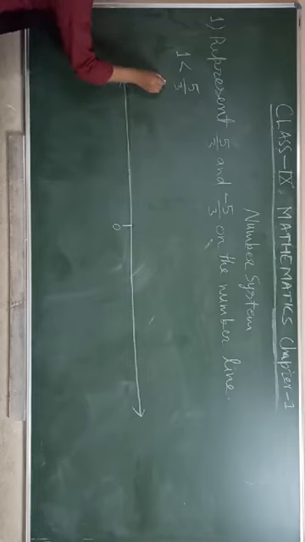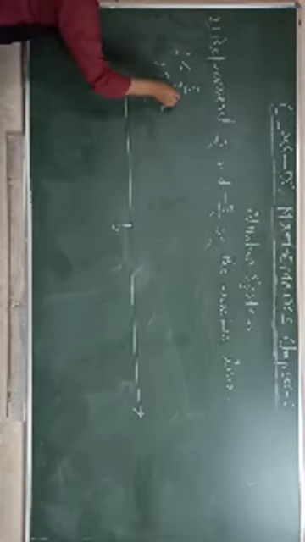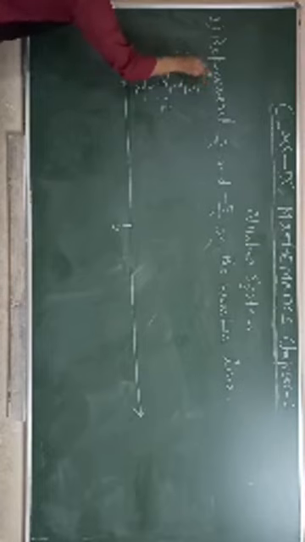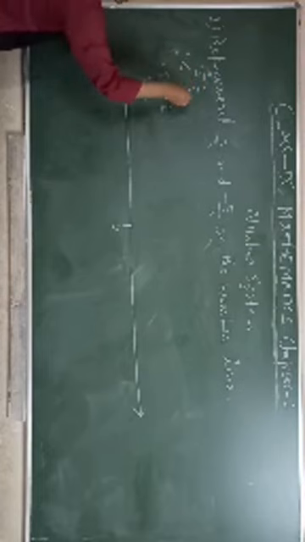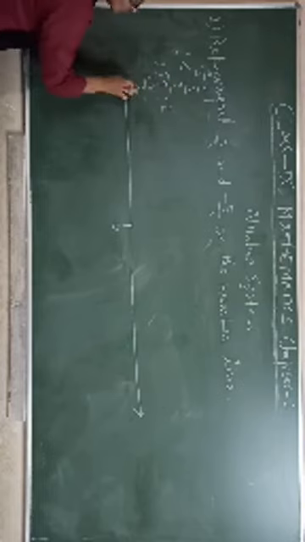So greater than 1, 5 divided by 3. When you calculate 5 upon 3, it will come 1 whole, 2 by 3.